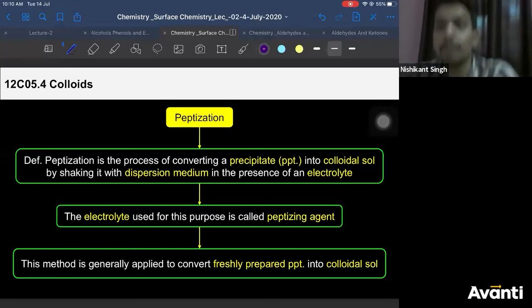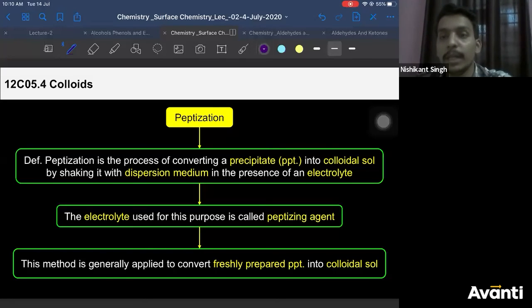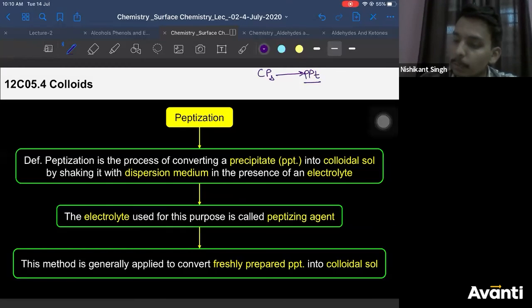So what is the difference between precipitation and peptization? Let us see what the two processes are. See carefully, this is an easy way of remembering it. If you convert your colloidal particles into precipitate, the process is called precipitation or coagulation. We'll study it in tomorrow's class.